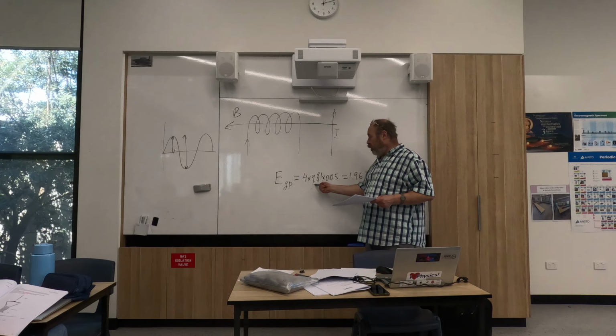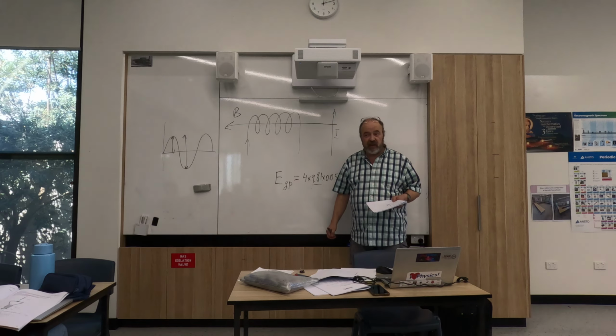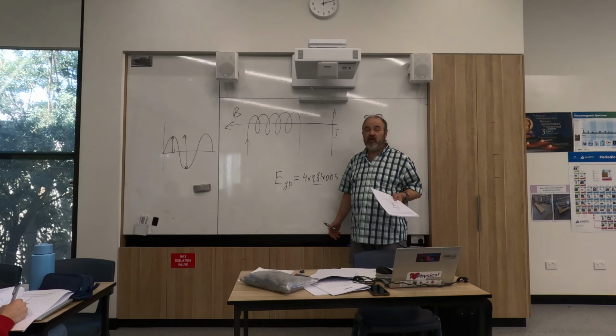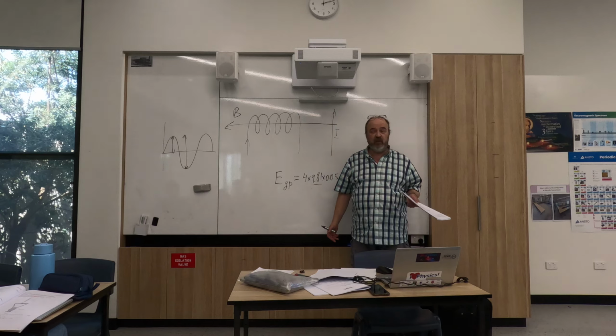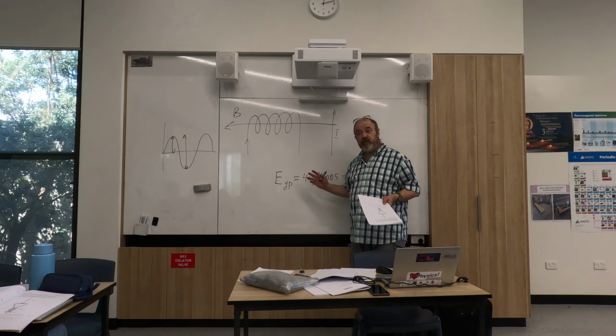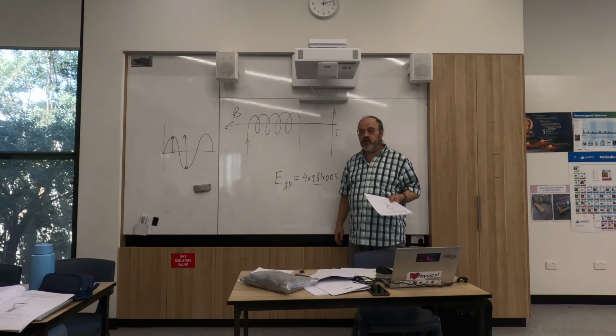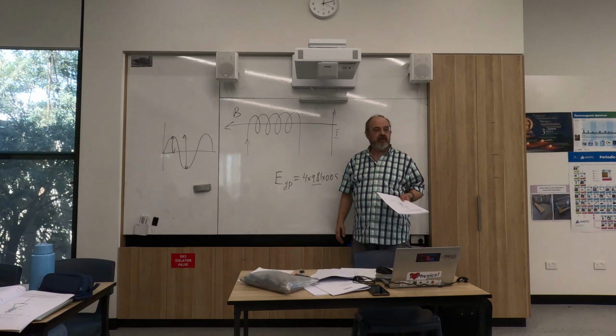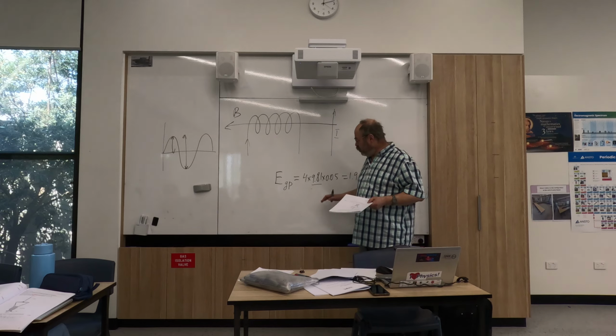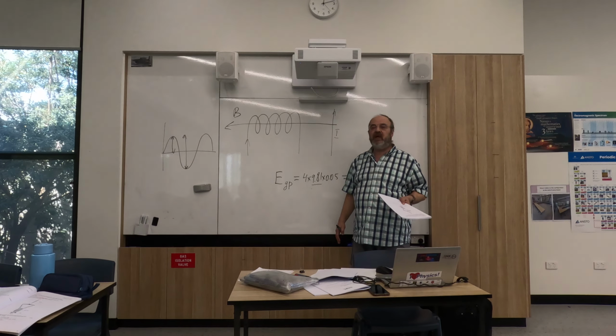I always use 9.81. It's not that hard to write. Remember, if a question is worth more than 1 mark, you must show your substitution, and that substitution is worth marks. So you must show it, put 9.81.